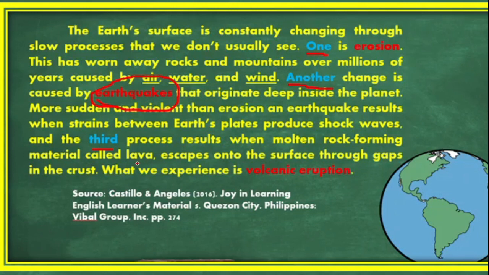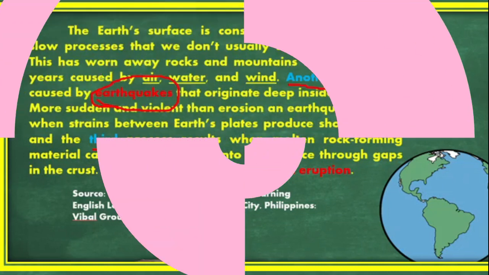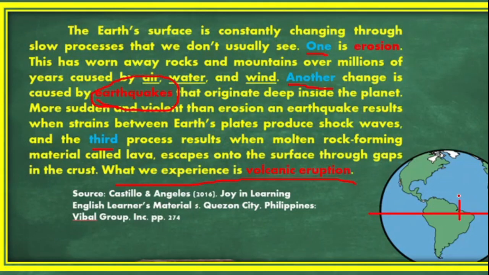It means that when the lava comes out via the gaps, if there are gaps in the surface of the earth, the lava will come out. Therefore, we experience volcanic eruption because the lava has overflown from the core of the earth.